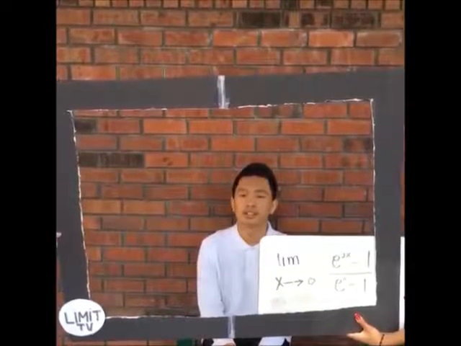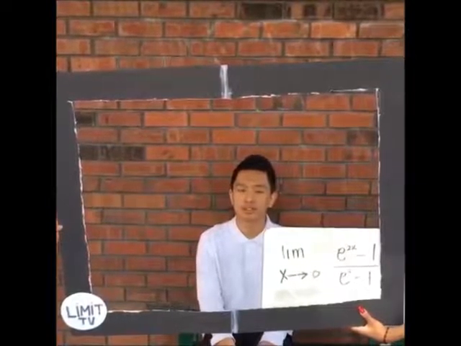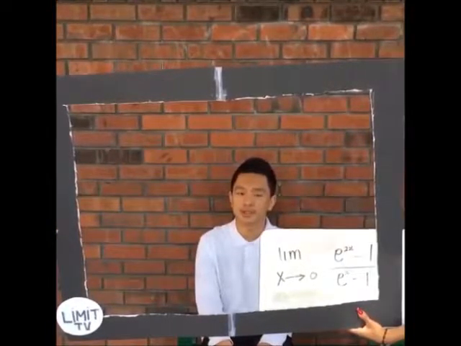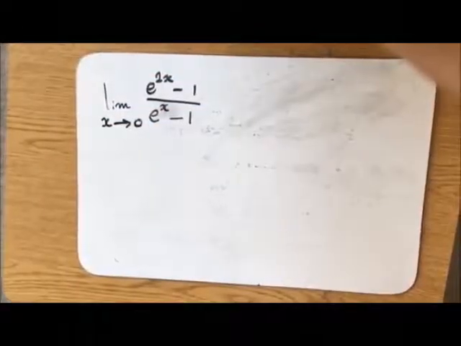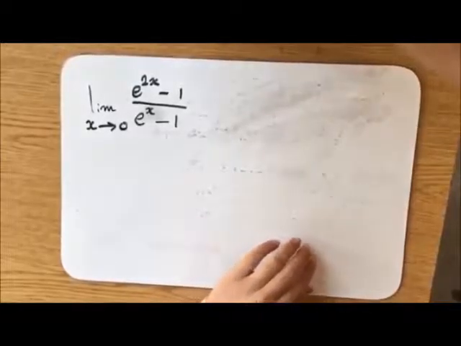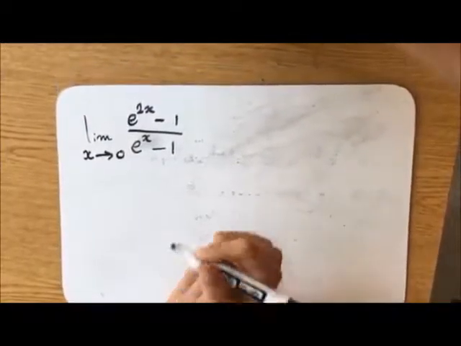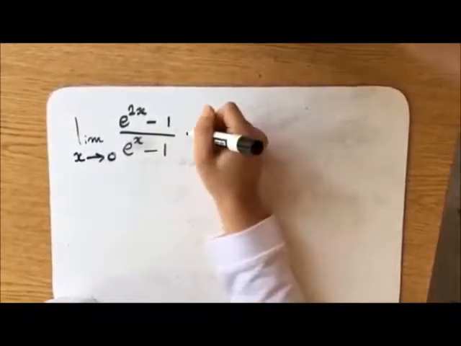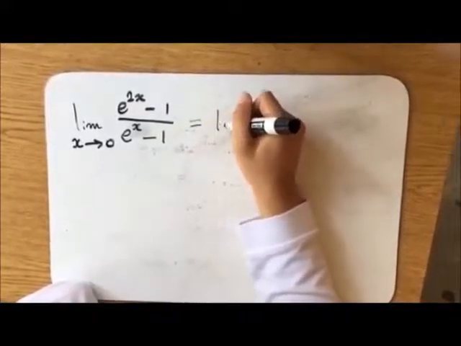The first problem is the limit as x approaches 0 of e to the 2x minus 1 over e to the x minus 1. To evaluate this limit, you can factor the numerator into two factors, like this.